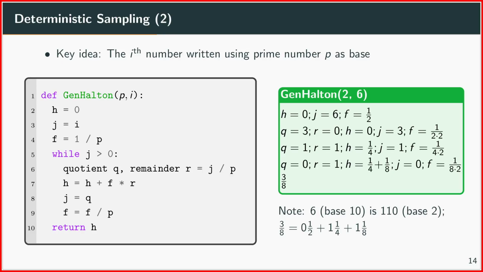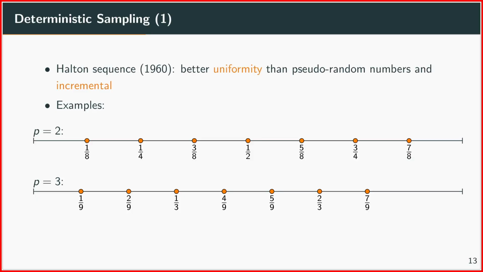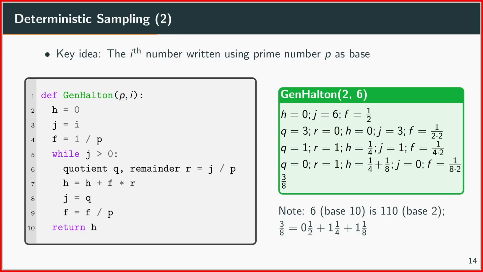So there are different ways of doing that, and the pseudocode to generate exactly this behavior of dividing the space into certain parts and getting samples from there is shown here. What you need as input to a Halton sequence is a number p, which is the base.